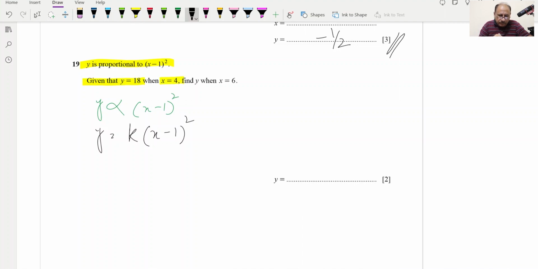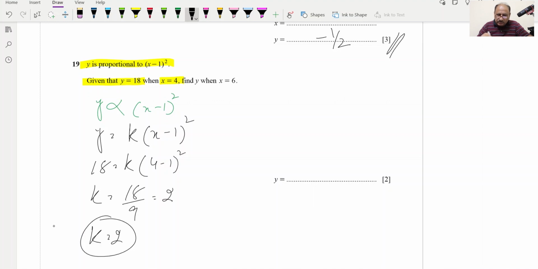So k will be equal to 18 divided by (4 minus 1) squared. 4 minus 1 is 3, so 3 squared will be 9. So 18 divided by 9 is equal to 2. So the k value we got is equal to 2, and this k value we will replace in this equation, and we will get y is equal to 2 into (x minus 1) squared.